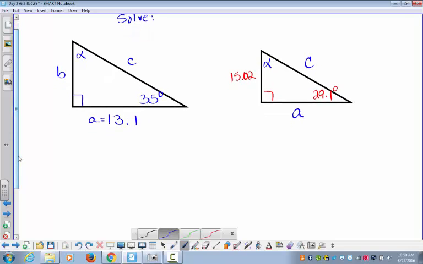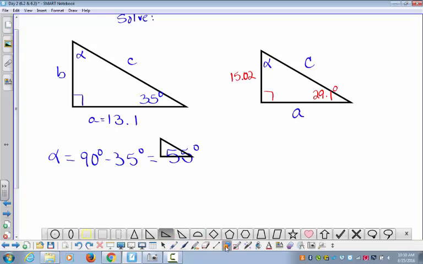I think that makes a lot of sense, is to go for the angle. If we have two angles, solving for the third angle. So of course that's going to be 90 minus 35, which will be 55 degrees. So we'll go with the easiest piece first, solve for the angle.